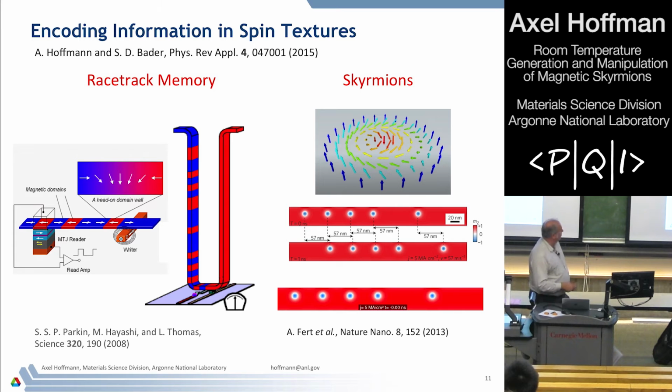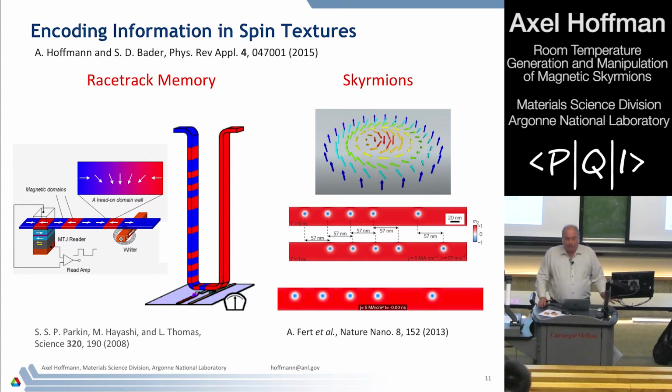And this is an idea that was pushed by Stuart Parkin when he was still at IBM 10 years ago. Now, you can imagine that you can do the same kind of things with skyrmion spin textures. What are the possible advantages? Well, we know these can be very small, of the order of 10 nanometers, so you might be able to make your devices small.